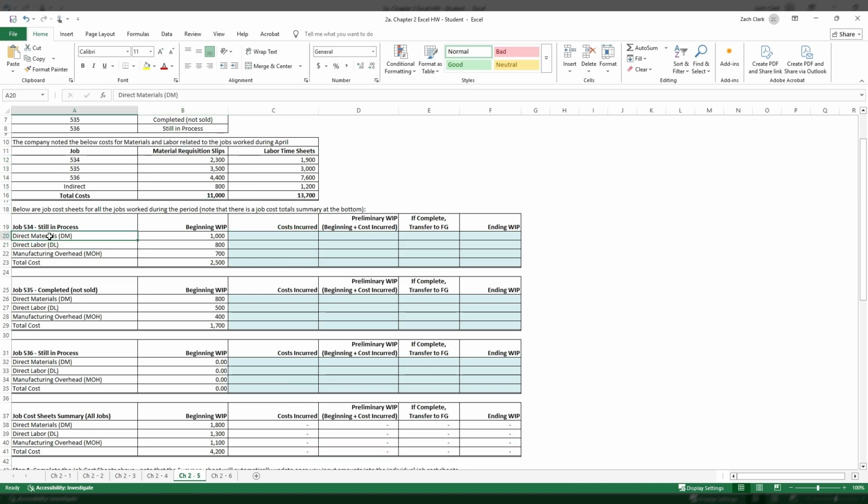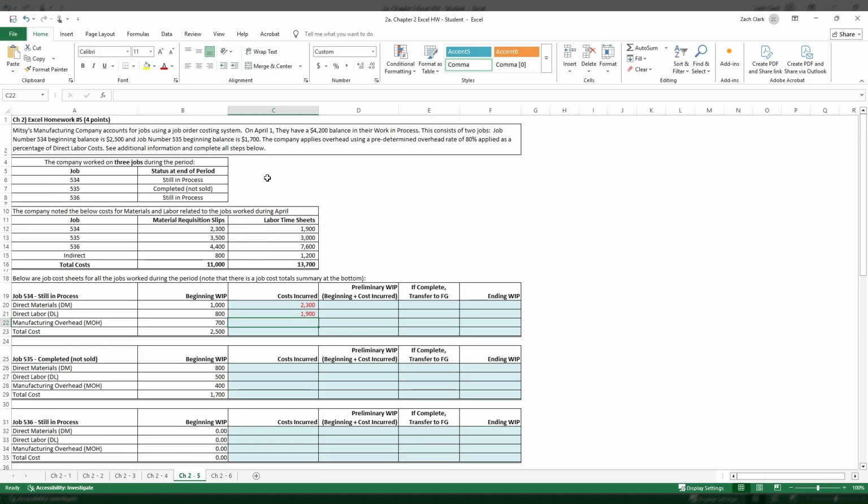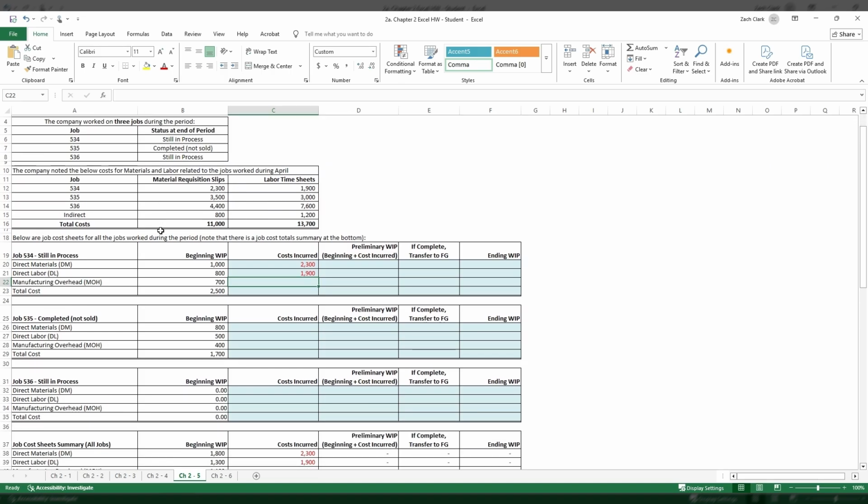And so direct materials and the cost incurred for that, we go up here and say, okay, it had 2,300. Then indirect materials. And then direct labor is the next line. So job 534 had direct labor here of 1,900. And then the way that we just allocate our overhead, as it told us previously, was 80% of direct labor costs.